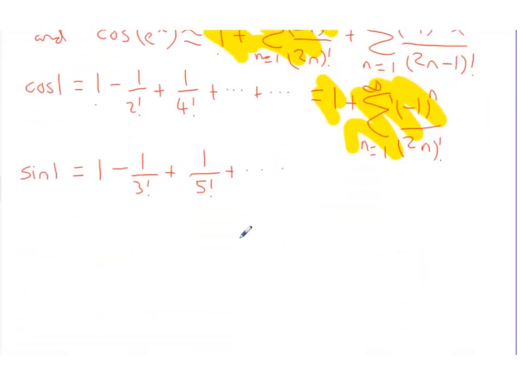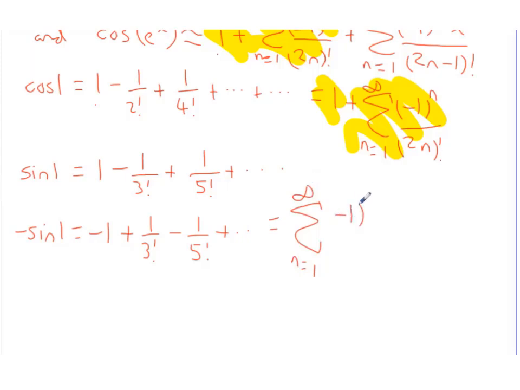So let's work out the expression for minus sine 1. So minus sine 1 is going to be exactly that, so minus 1, but the sign's changed obviously, plus 1 over 3 factorial minus 1 over 5 factorial. So that could be written as the sum from n equals 1 to infinity of, so the first term's negative, so that's minus 1 to the n.